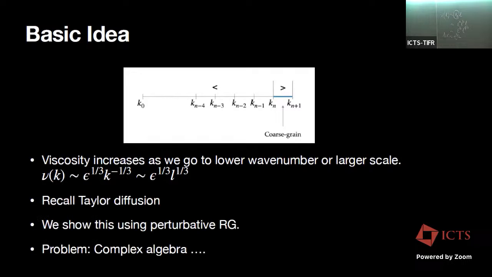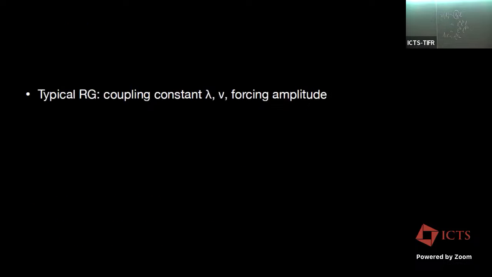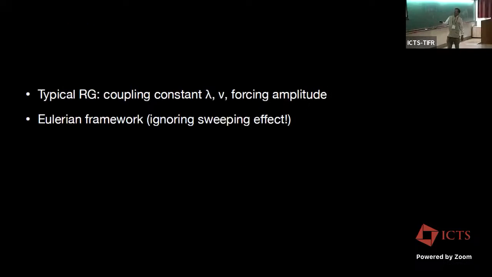So let me write down the equation. Before that, this slide is also important. In the Navier-Stokes equation we have three parameters: the coupling constant lambda, which is the coefficient in front of the Euler term; the viscosity nu; and the forcing amplitude.